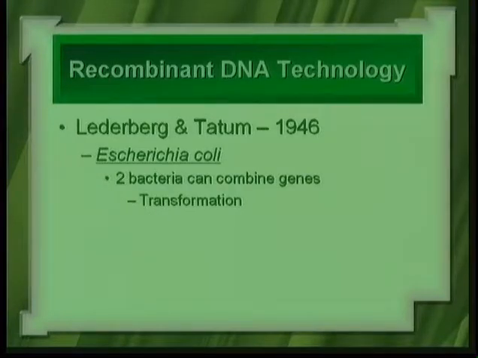Another way that bacteria can combine genes is something called transduction. Or let me talk about conjugation first. So you have transformation, and you have another process known as conjugation. What is conjugation? You think of conjugal rights. It has to do with men and women when they're married, right? So conjugation is when you have one bacterium and another bacterium, one designated the male, the other designated the female.